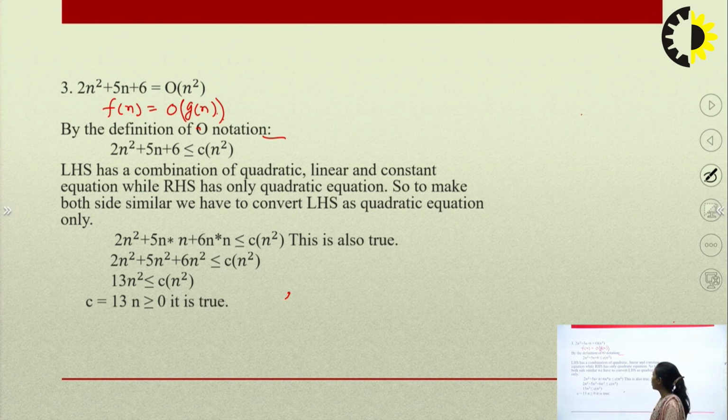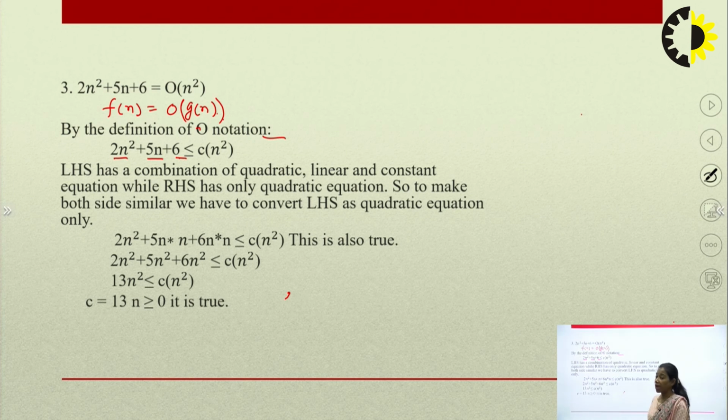Now, the left hand side has a combination of quadratic, linear and constant terms. This is the quadratic term, this is the linear term and this is the constant term, while the right hand side has only a quadratic term.